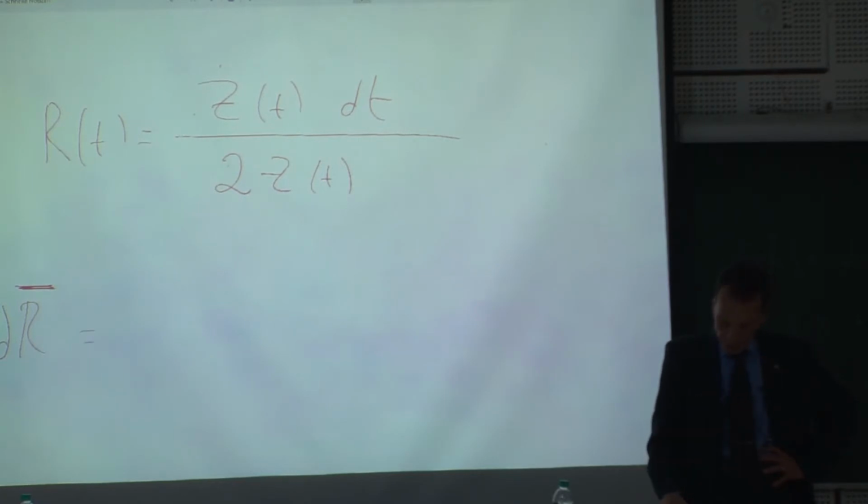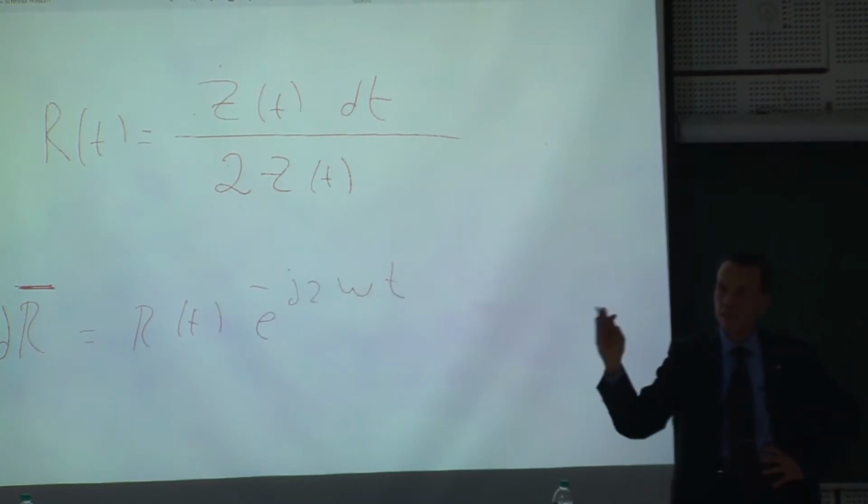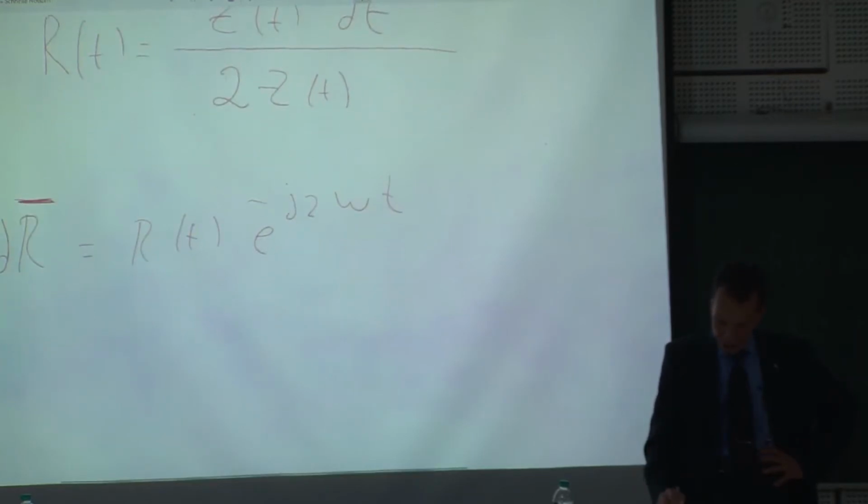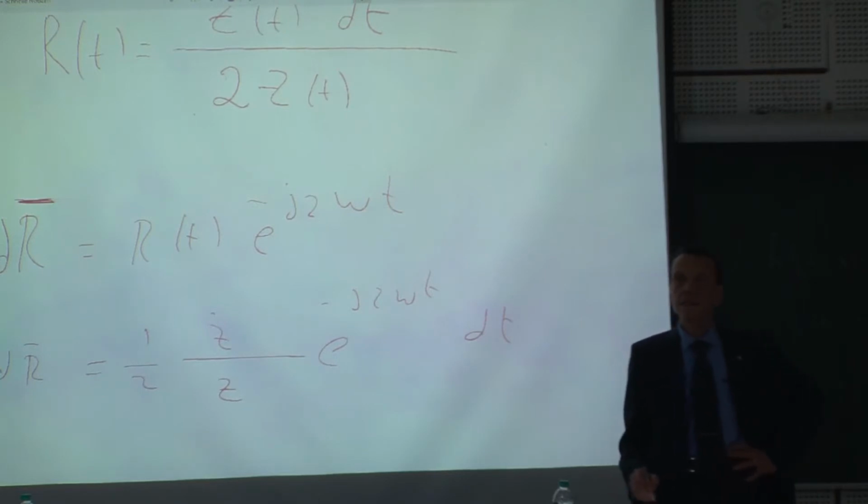So it is R of t e to the minus j twice omega t, t being the position where I'm staying. Okay? So in this case, as you see here, it is 1/2 of Z dot over Z e to the minus j twice omega t dt. This is dR, right?